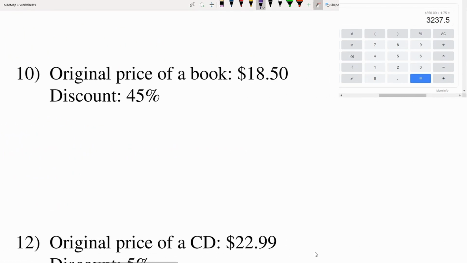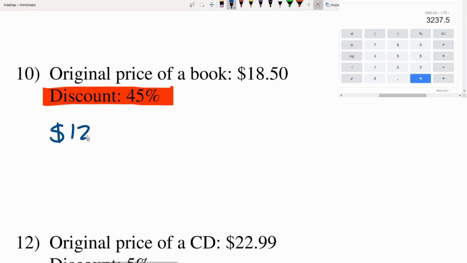So the original price of the book is $18.50 and it's discounted at 45%. So I'm going to take my original amount, which is $18.50, and I'm going to multiply that by 1 minus my discount in decimal form. So that's the 0.45.